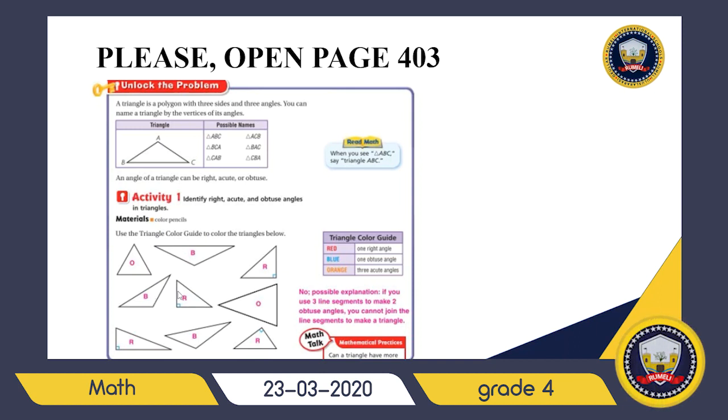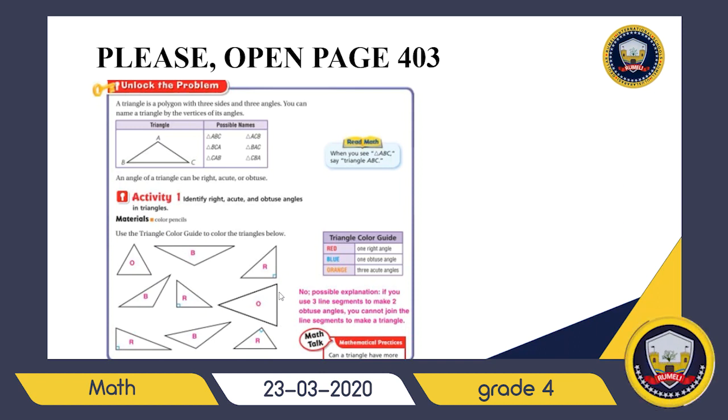Good. The next one, I can see a right angle here, and a right angle represents a right triangle, so I need to color it red. The next one, I can see three acute angles.